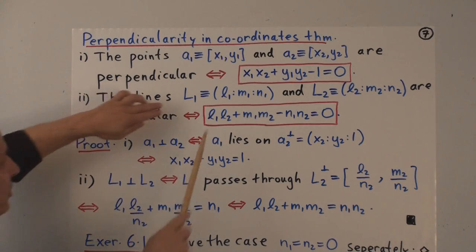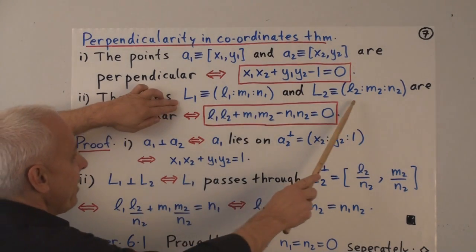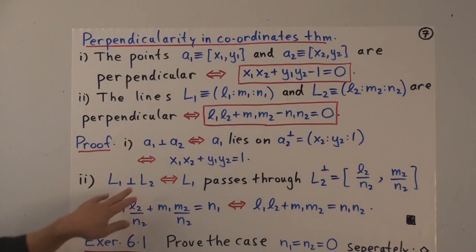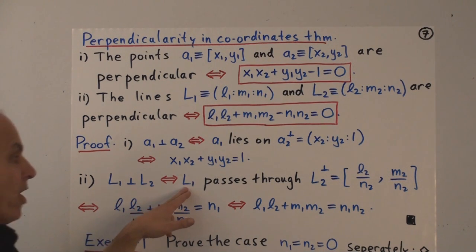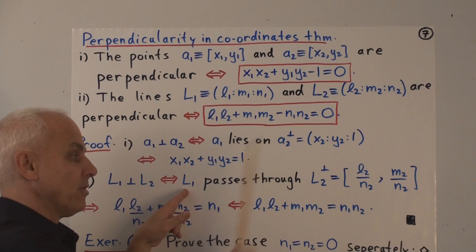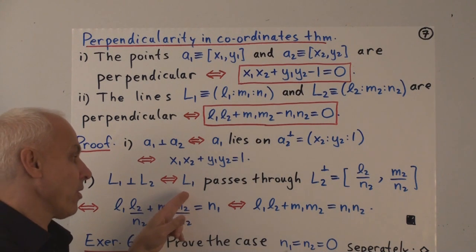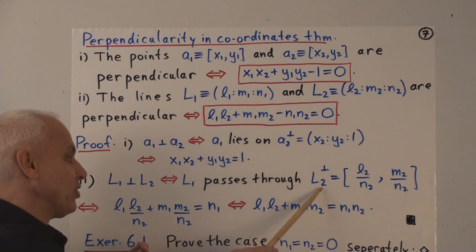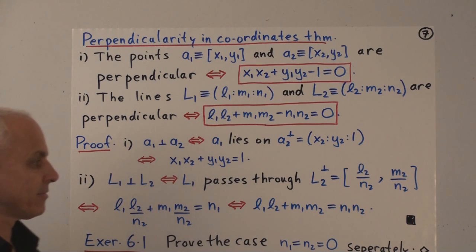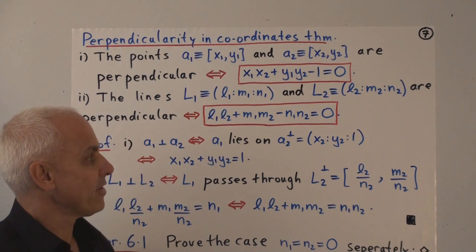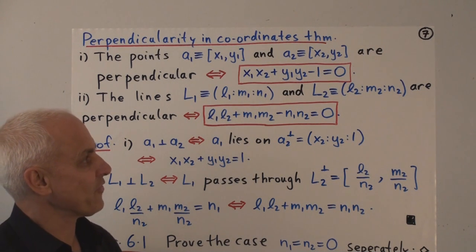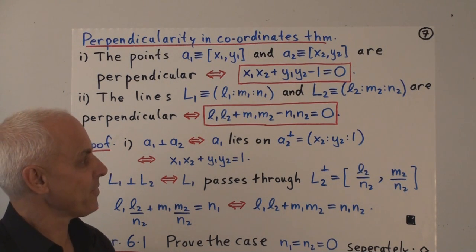The second part, we have 2 lines. And the 2 lines are perpendicular, by definition, precisely when L1 passes through L2 dual, or conversely, when L2 passes through the dual of L1. Well, what's the dual of L2? So we have to go in the opposite direction from the duality in coordinates theorem.